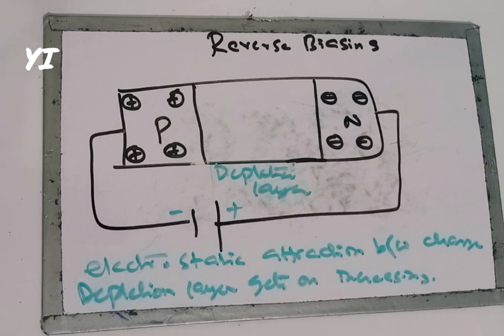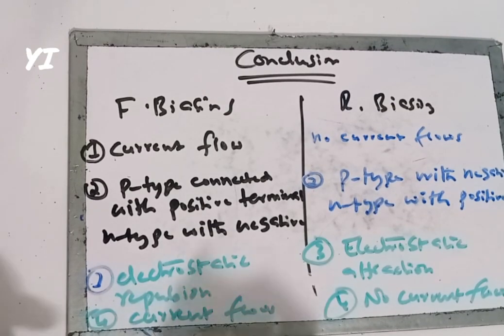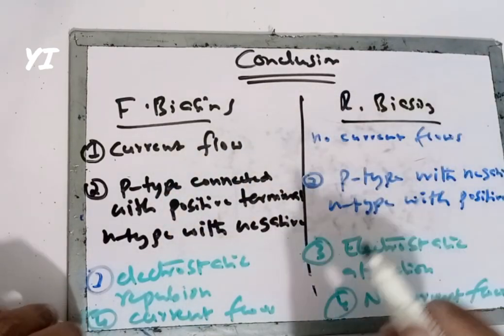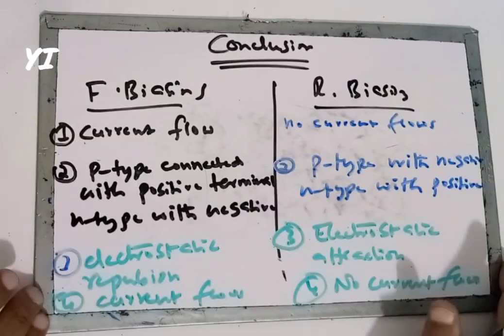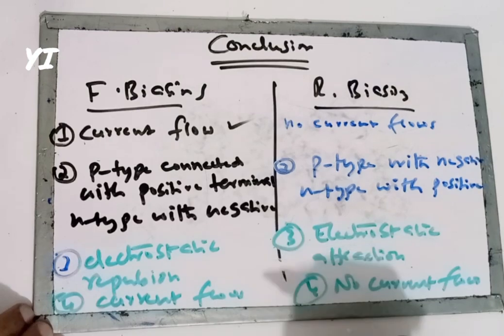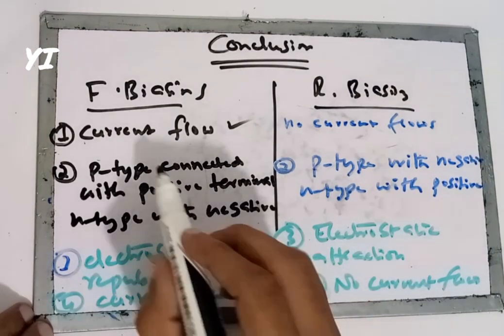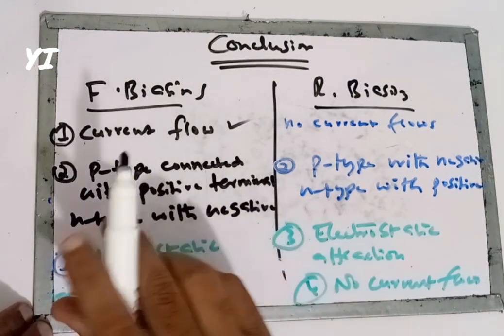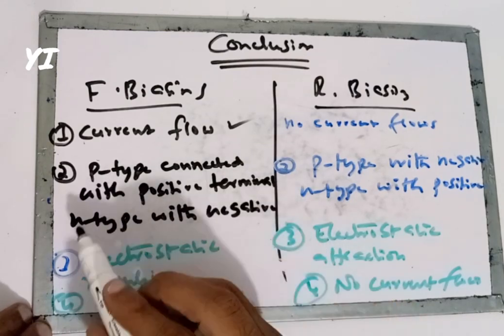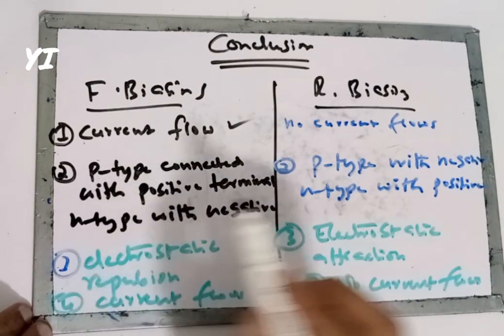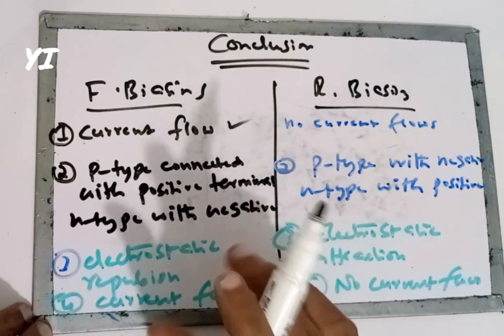So now let us quickly conclude about the forward and reverse biasing. In forward biasing, we know that the current flows. How current flows? That we connect the p-type material with the positive terminal, and n-type material with the negative electrode.